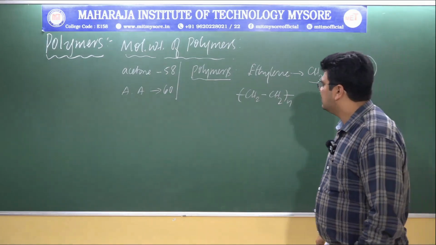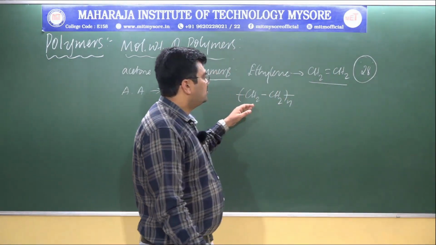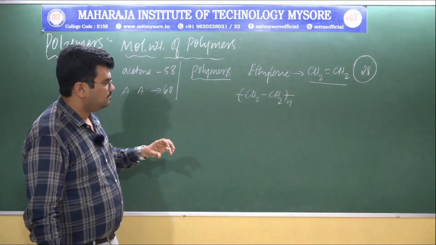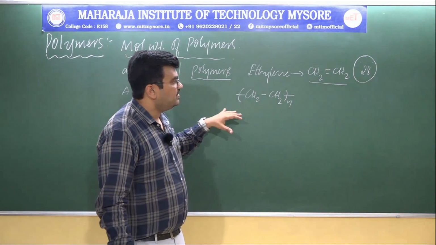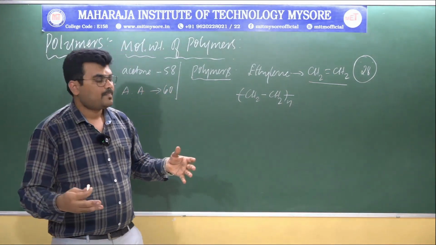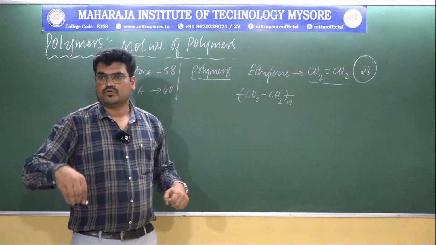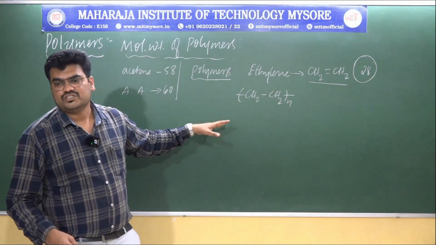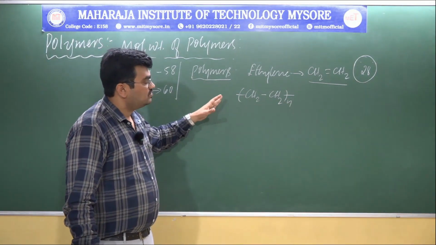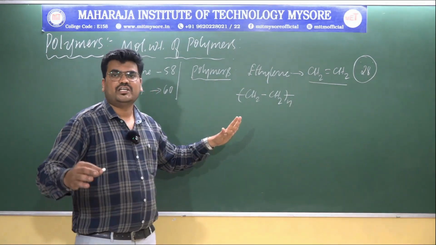So why is this going to happen? During polymerization, different chain lengths are going to start at any instance of time, but chain termination is a random process, right? So that means the different chains will start at any particular instant.